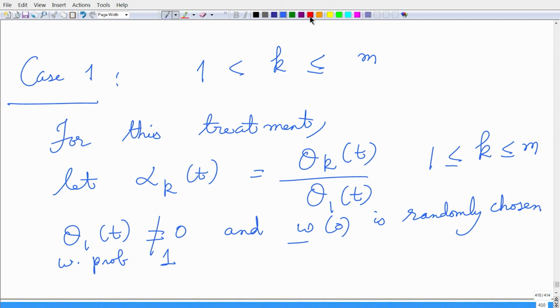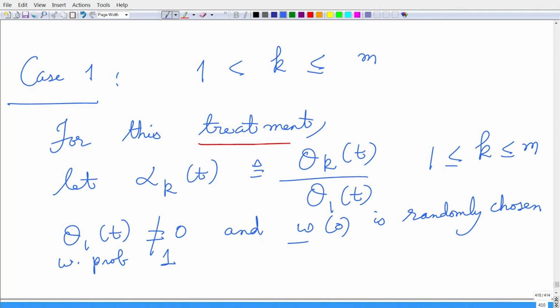For this treatment, I define alpha k of t as theta k of t upon theta 1 of t, right, and this holds for 1 less than or equal to k less than or equal to m. This is my general definition, but the case I am considering is for 1 less than k less than or equal to m, right, for all k not equal to 1.